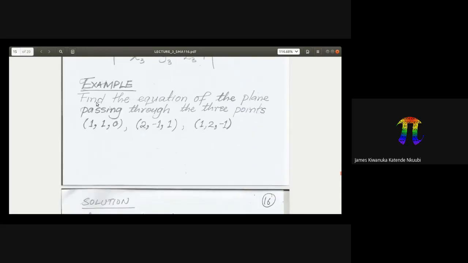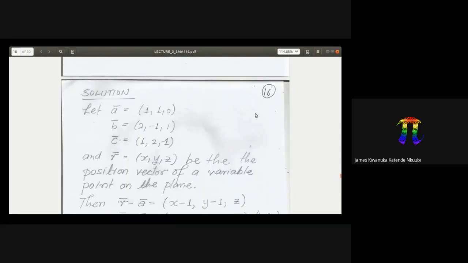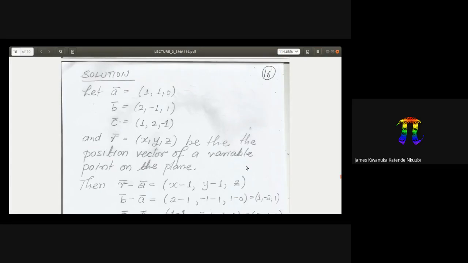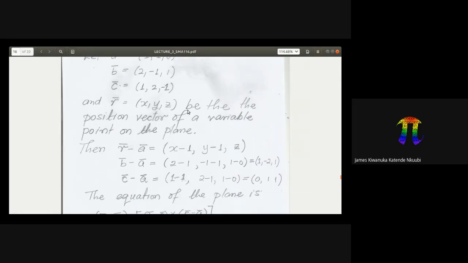So the next example says find the equation of a plane that passes through these 3 points: (1, 1, -1), (1, 0, 2), and (-1, 1, 1)... and (1, 2, -1). Using the formula from the previous part, if we pick any point on the plane, we name it x, y, z, and that's the position vector.